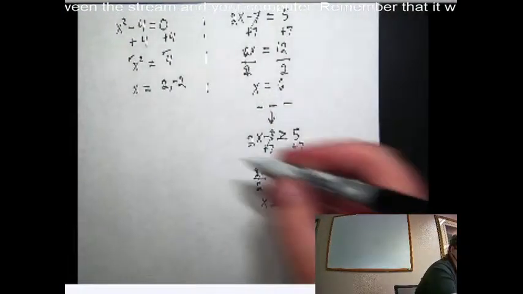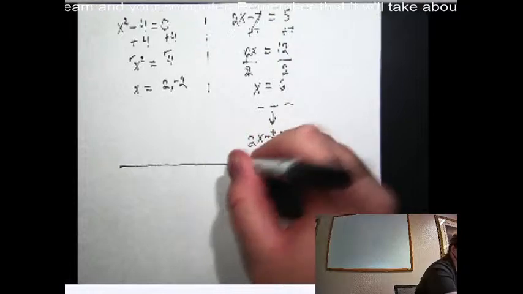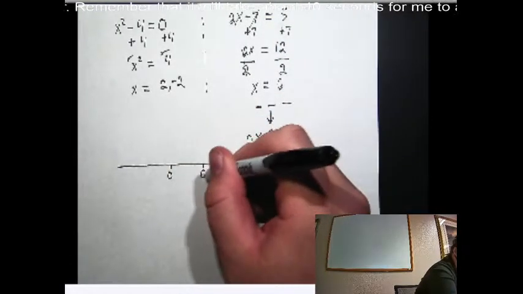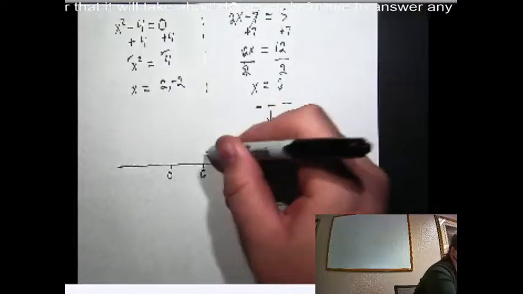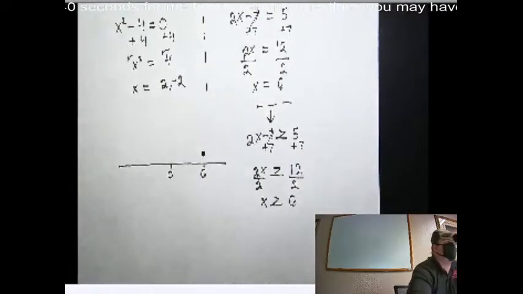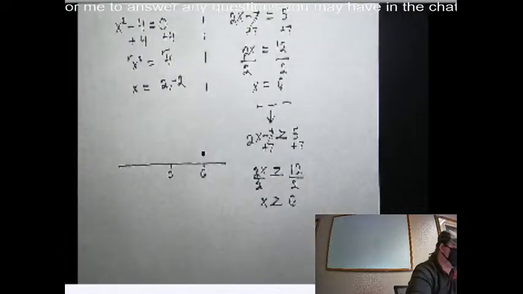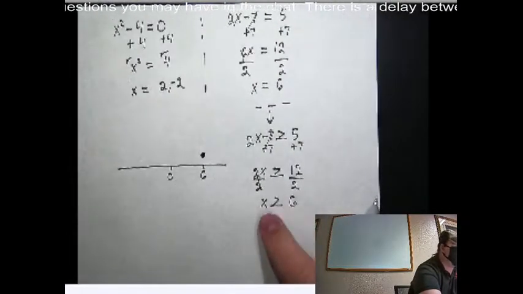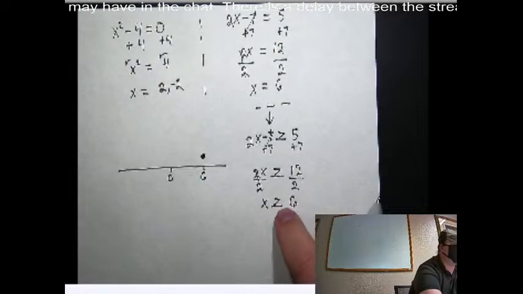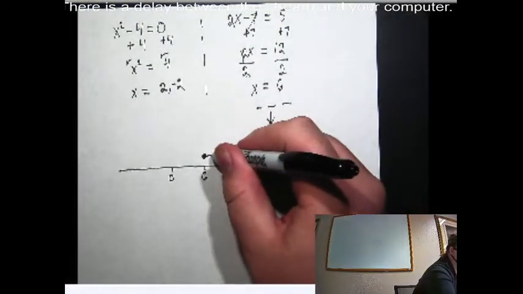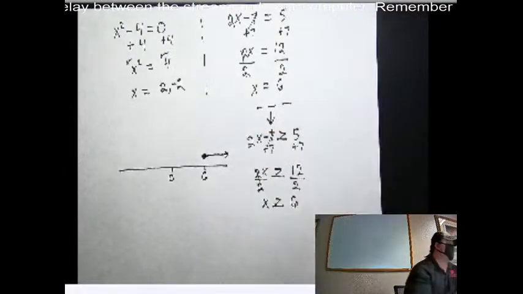This answer right here, x equals 6, we put that on a number line. Our 6 is right here. It says this is exactly equal. That's it. That's all we have. However, if we draw this on our number line instead, x is greater than or equal to 6, then what we see is x is not only 6, but all of the things bigger than 6.